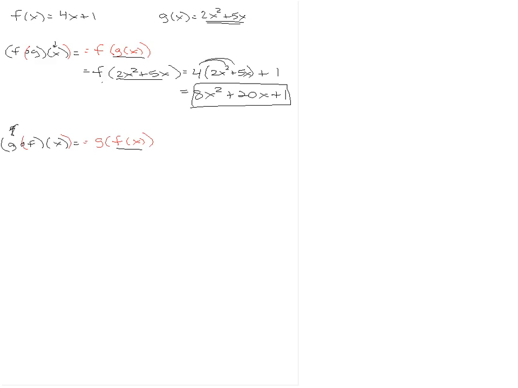So really, I'm looking for g of 4x plus 1, which means wherever there is an x in the g function, we're going to put 4x plus 1. Now, we can't leave it like this. Let me rewrite it here. I'm just going to rewrite it so I have more room.